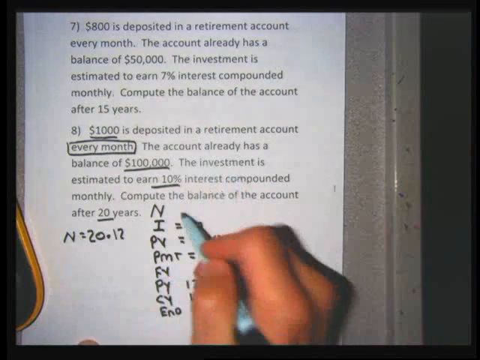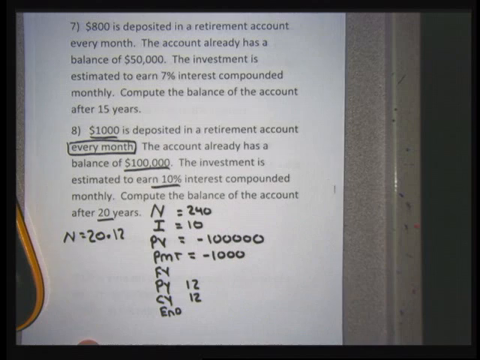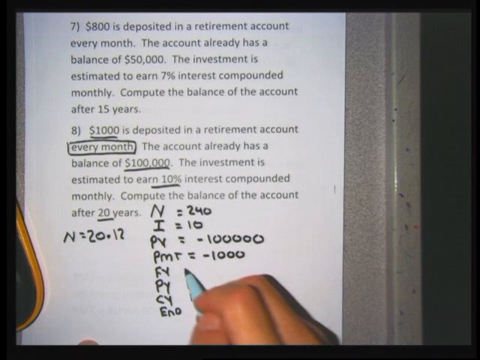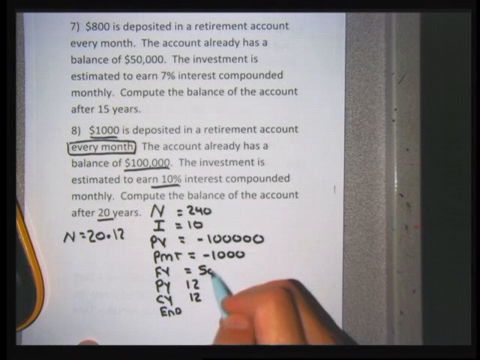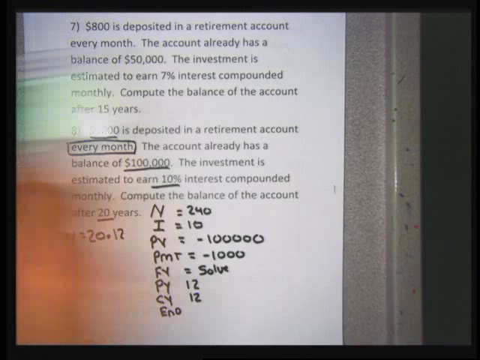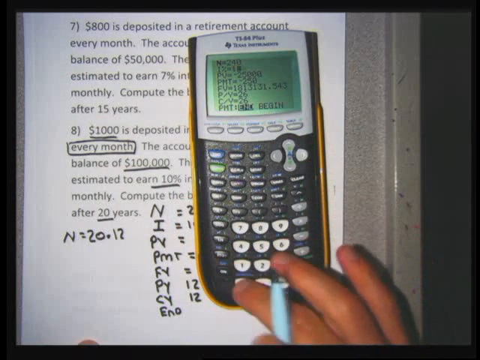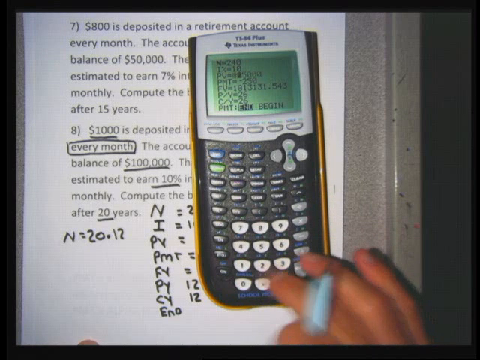So if I enter all of these on my calculator: 240 for the N, 10 for the I, negative 100,000 for the PV, negative 1,000 for the PMT, solve for the future value, and put 12 in for the PY and the CY.